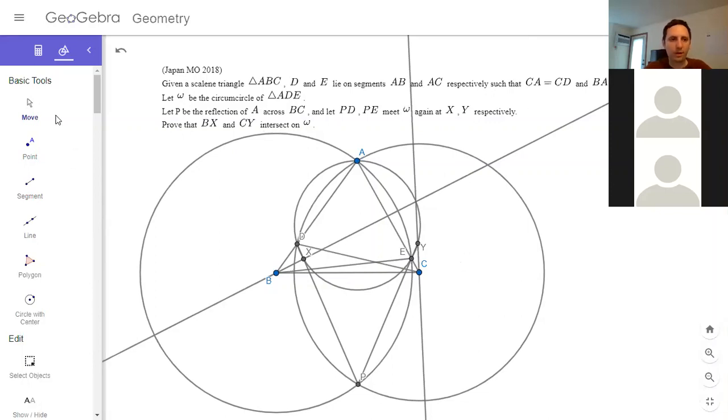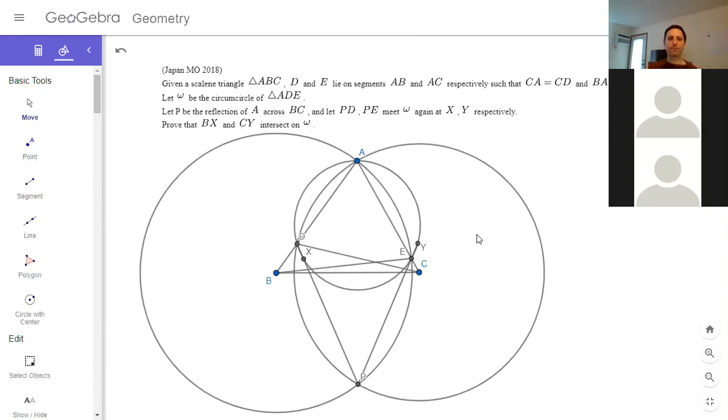All right. So maybe spiral similarities or something. Let's see. Or Pascal's theorem.